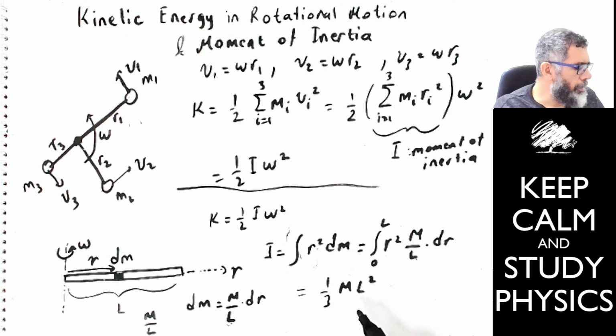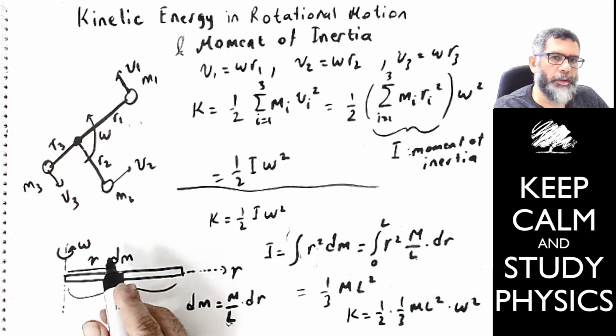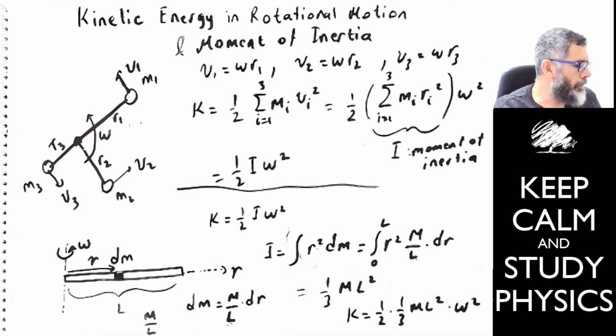In that case, the kinetic energy is just 1/2 multiplied by I, which is 1/3 M L squared, multiplied by omega squared, whatever the angular speed of the rotation. It's going to have this last form, whatever the angular velocity is.